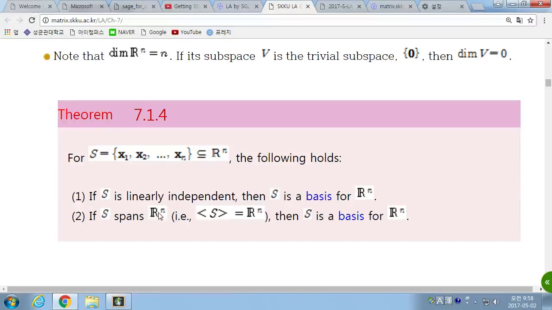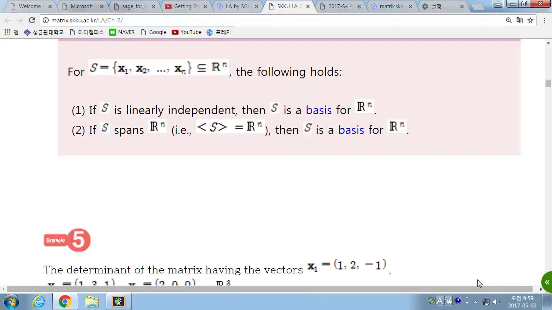If a set of n vectors S spans Rn, then S is a basis. 그러니까 Rn 안에 n개의 벡터가 있으면 그 집합이 1차 독립이면 스팬하고, 스팬이면 1차 독립이 된다는 소리예요. 하나만 보이면 된다는 소리예요. So what that means is if you have n vectors in Rn, then if it satisfies one of two conditions to be a basis, then the other follows automatically. That's what this theorem says.